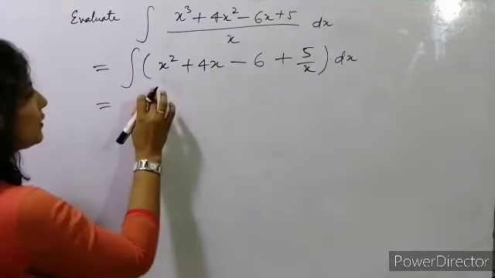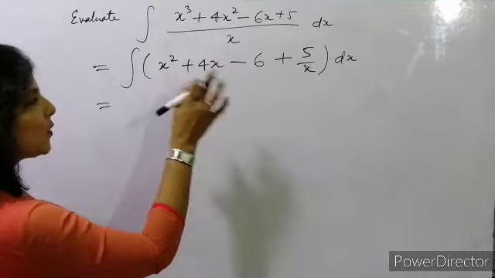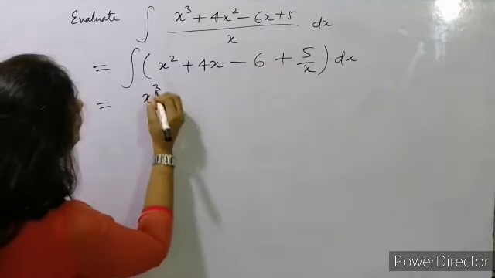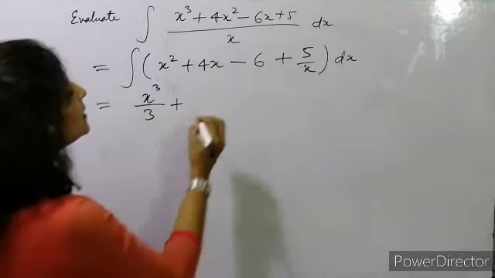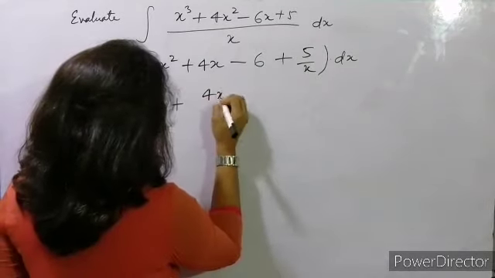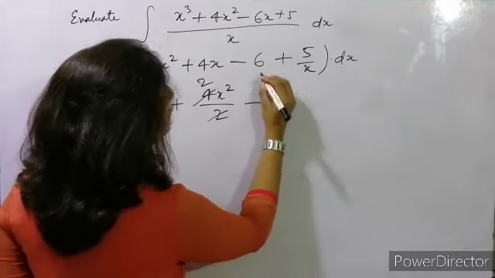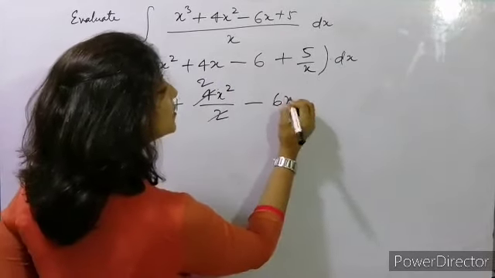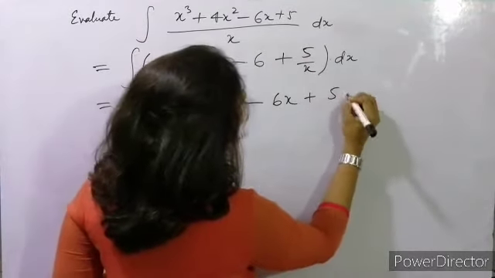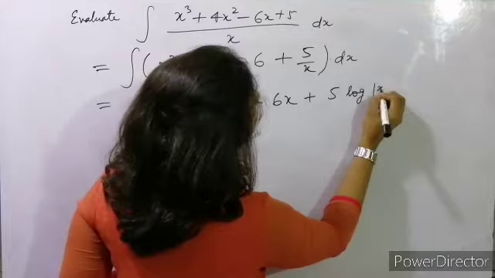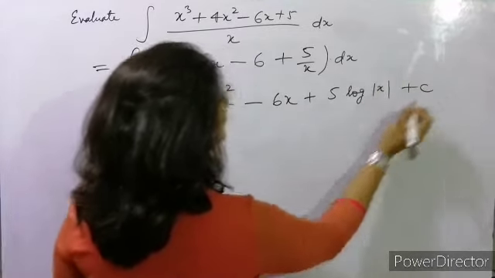So now we'll find out the value. X square, when we'll integrate x square with respect to x, we'll get x to the power 3 divided by 3. 4x, so 4x square divided by 2, so this will be 2, minus 6, so 6x होगा and 5 into 1 upon x, so it will be 5 log of x, okay, 5 log of x plus c, okay.